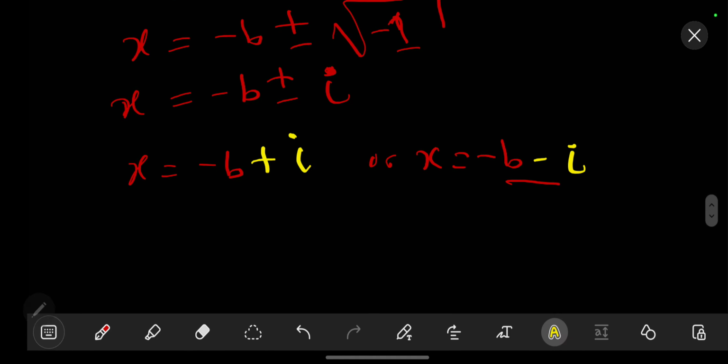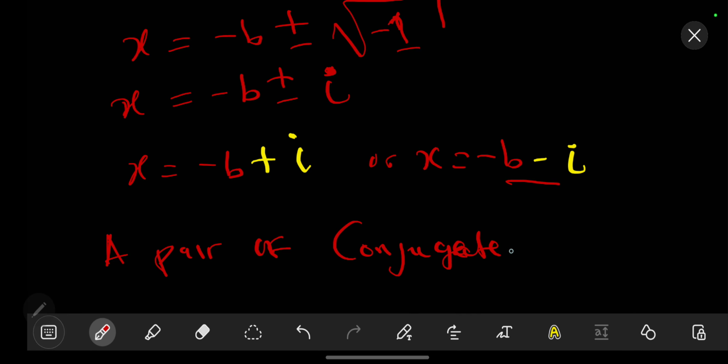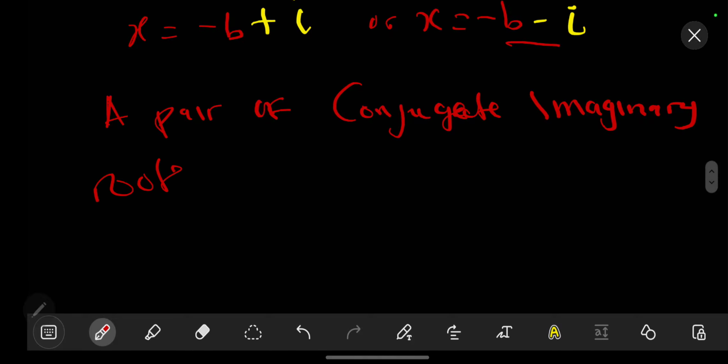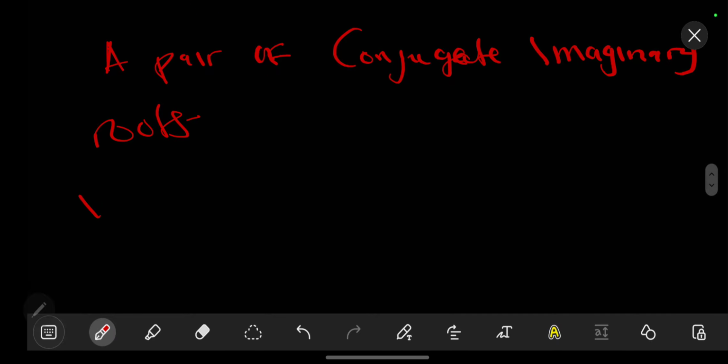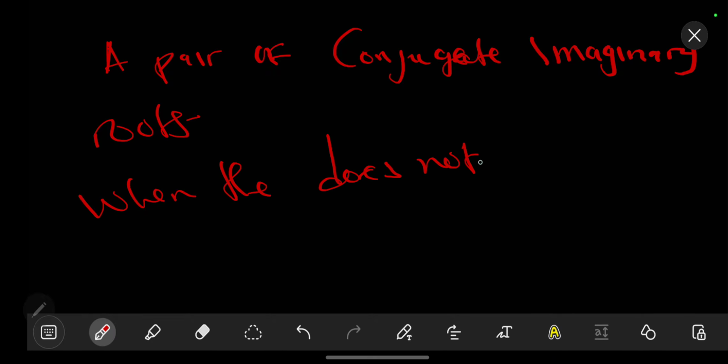So you're going to say that you have a pair of conjugate imaginary roots. This occurs when the line does not touch the curve.